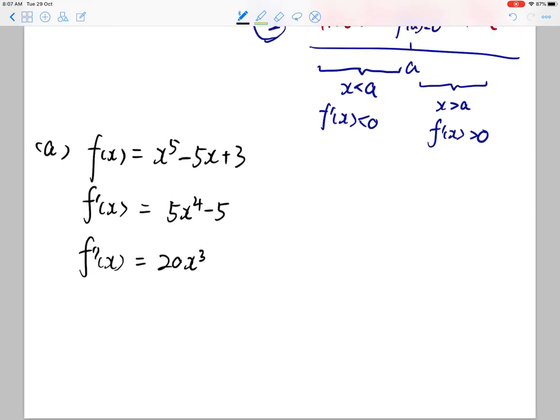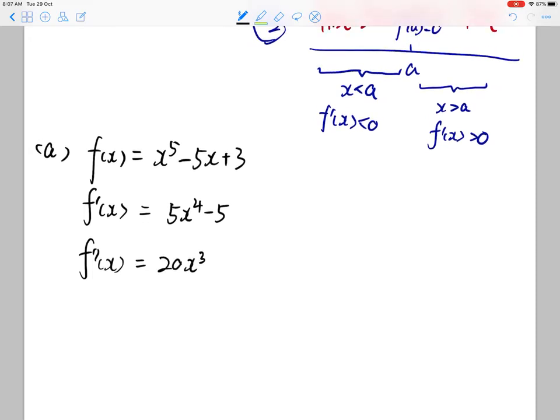First, you should find all the points where the derivative equals 0, which means 5x^4 minus 5 equals 0, so x^4 equals 1, and x equals 1 or negative 1.